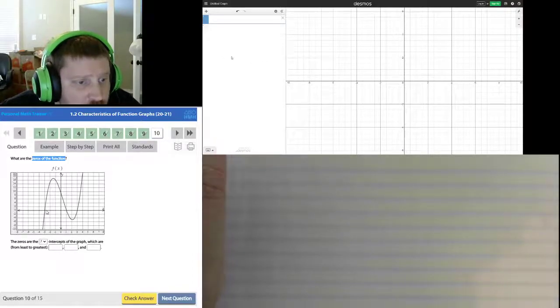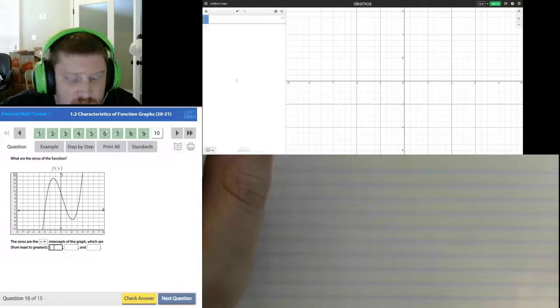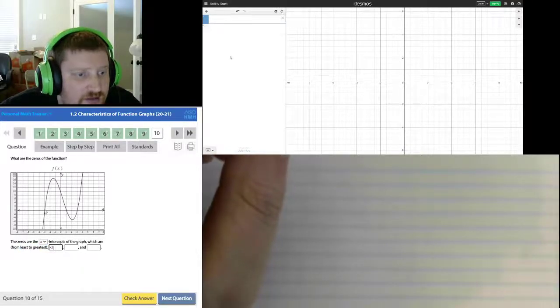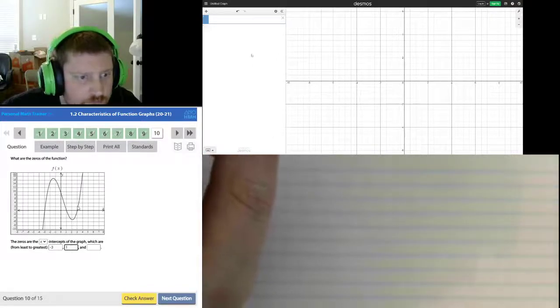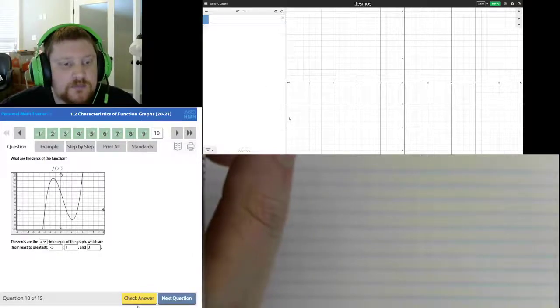So we're looking for 3 values. These are going to be the x-intercepts of the graph, and they are at -3. Notice that they want least to greatest, just like I told you on the last problem we normally do. So we have -3, 1, and 3. Again, your graph may look different than mine.